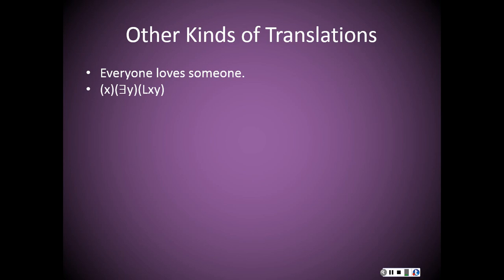So, while it may be false that everyone loves someone, it is definitely false that any given thing is such that there is something that it loves. That's definitely false because there are some things, like my laptop, for example, that are incapable of love.